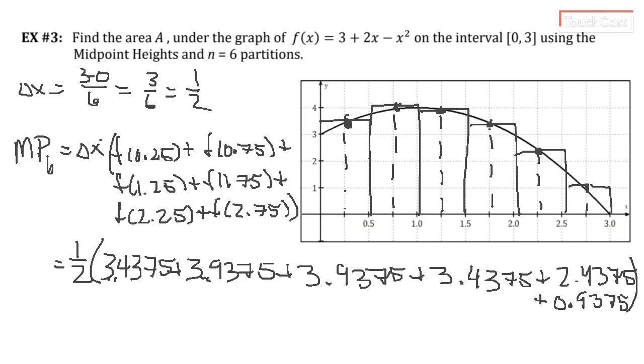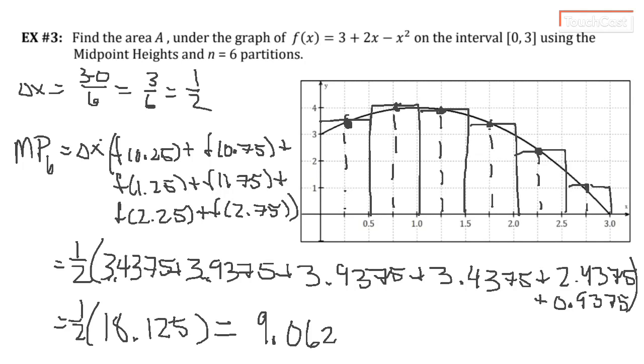And if we add all of those, we're going to get 1/2 times 18.125. And then if we do the multiplication, we're going to find that the area is about 9.0625 square units underneath the curve between the endpoints, between 0 and 3.